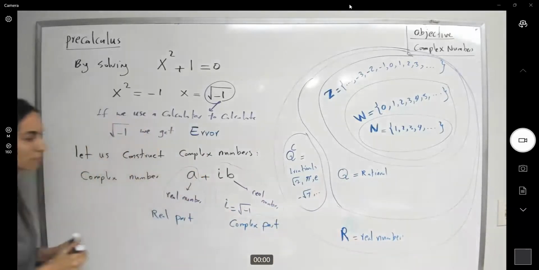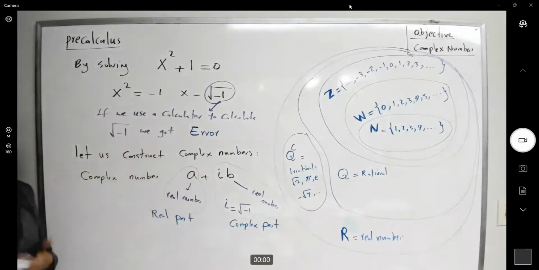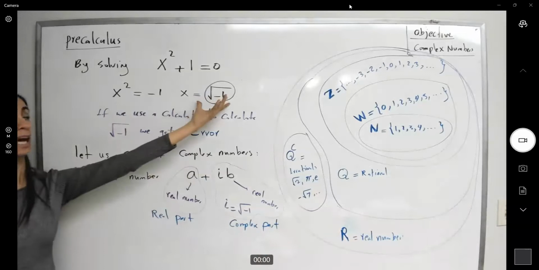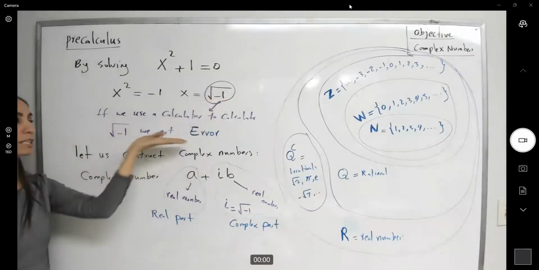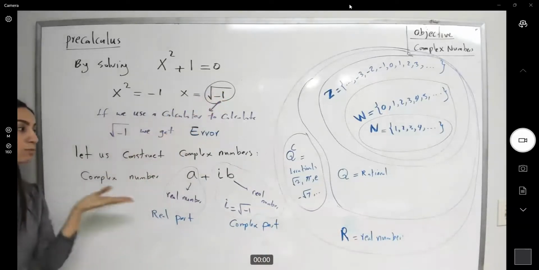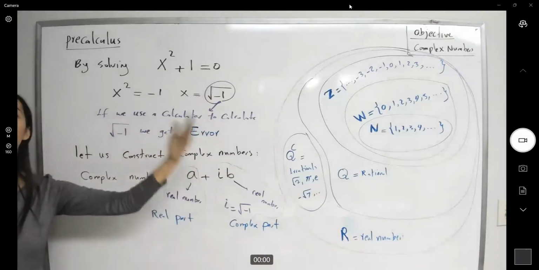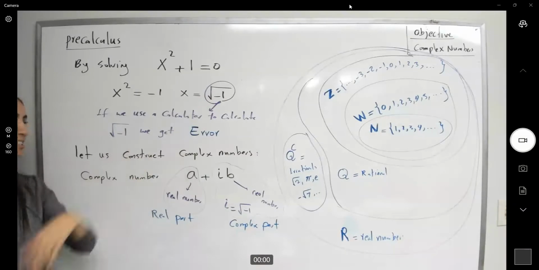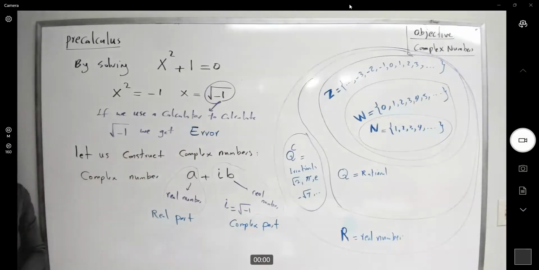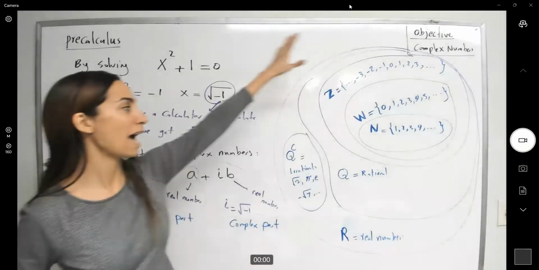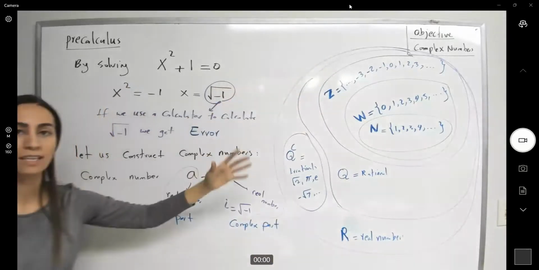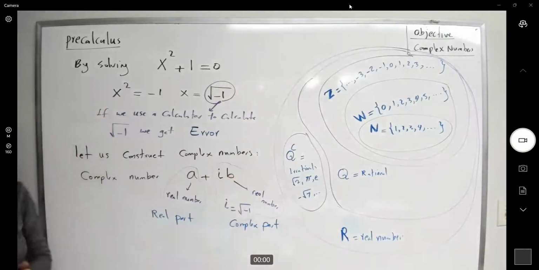So again, if you use your calculator to calculate the square root of -1, it gives you an error because it's not a real number. We define a new number system. We call it complex numbers. Complex numbers have all of these sets included in itself. So we define this complex number.